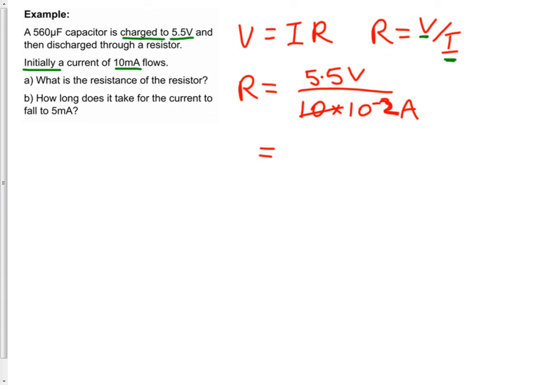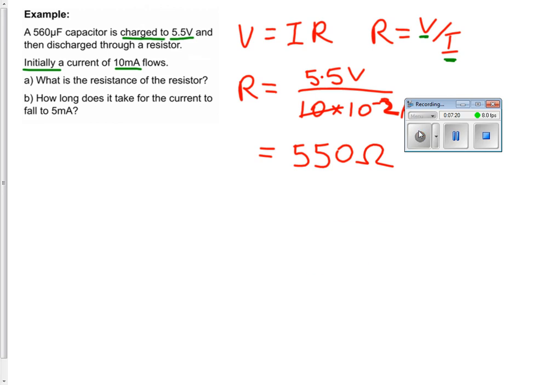And if we're dividing it by 10 to the minus 2, that's like timesing by 10 to the 2. So that should be hopefully 550 ohms. So we've got the resistance, and that's going to remain constant for the rest of the time.